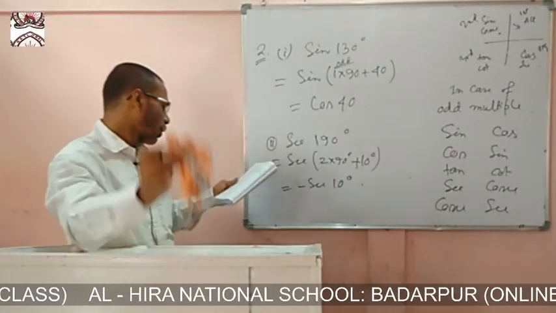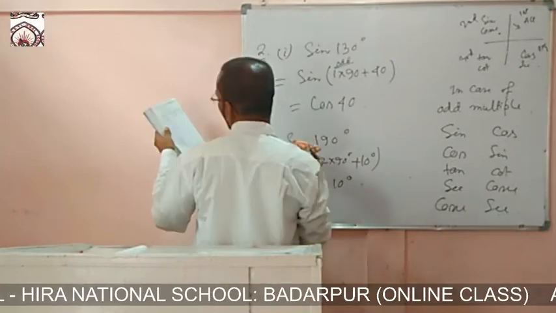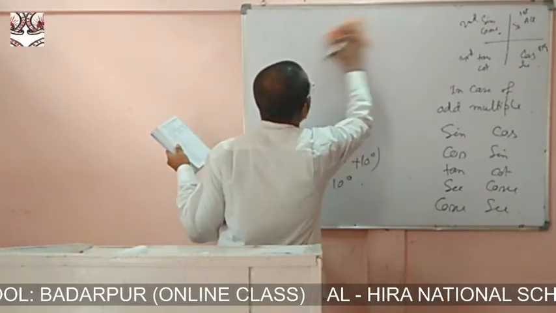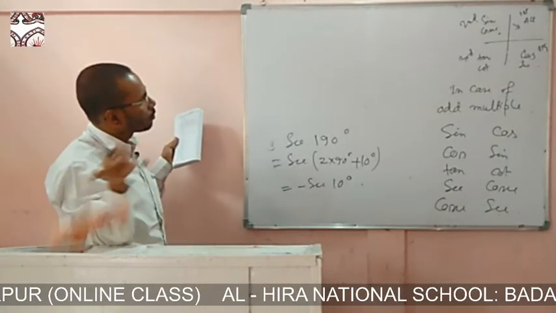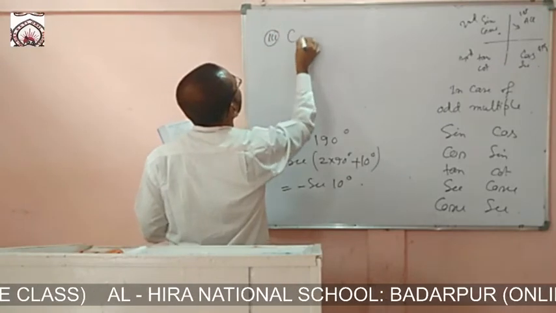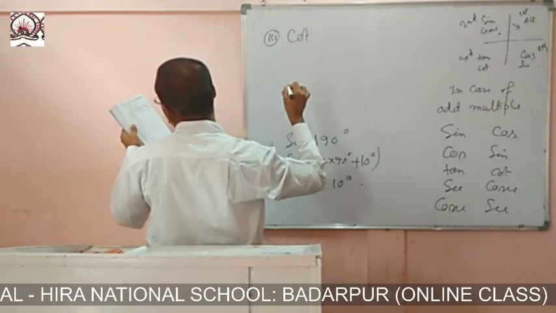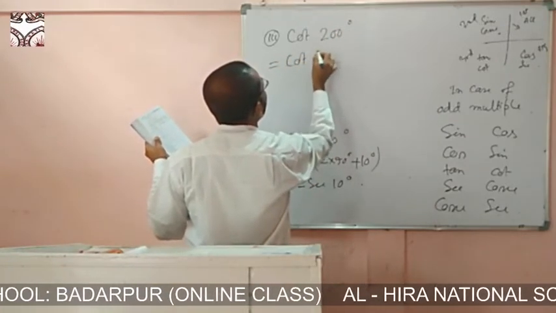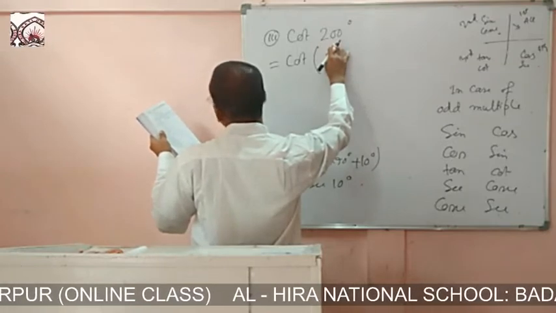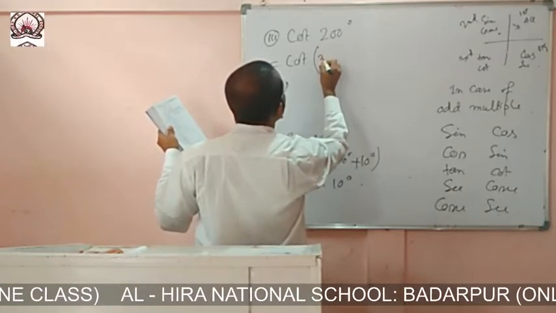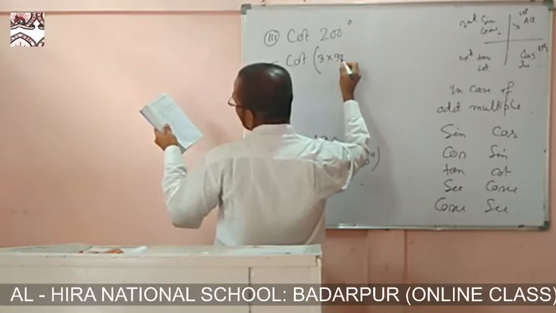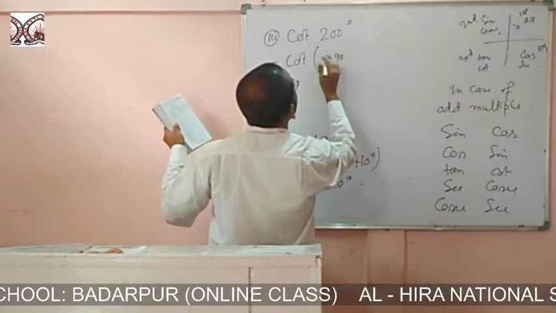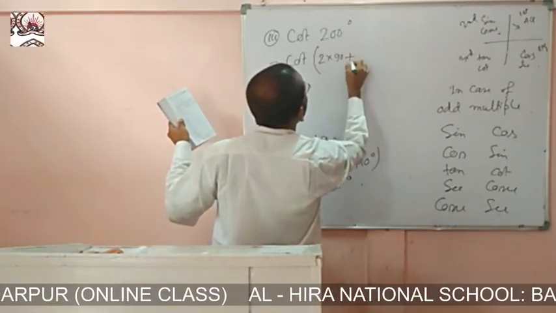Now number 3 is cot 200 degree. So for cot 200 degree, if we break by 90, this is 2 into 90, which means 180 plus 20.